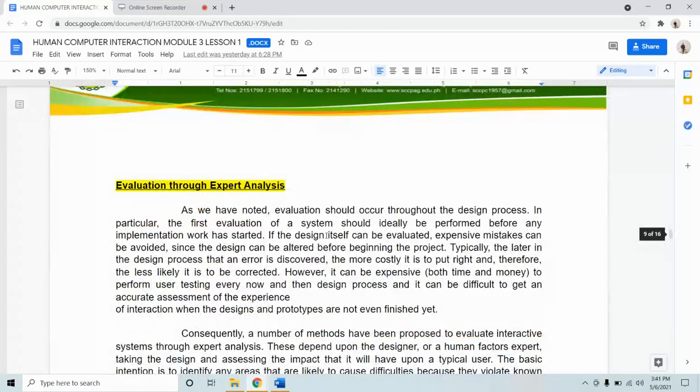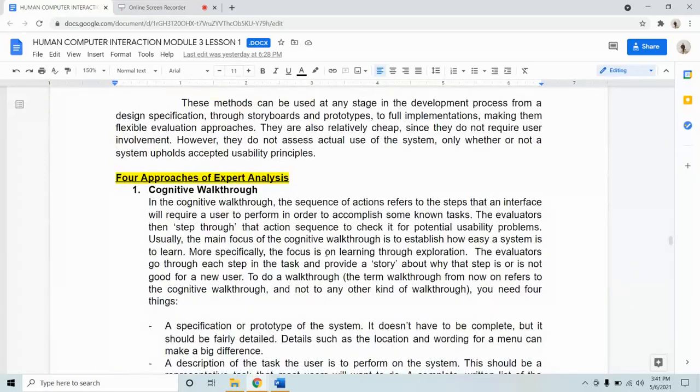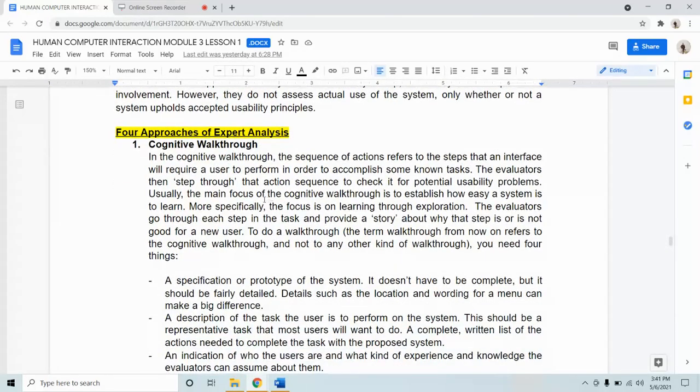With evaluation through expert analysis, we have four approaches. Number one is cognitive walkthrough.